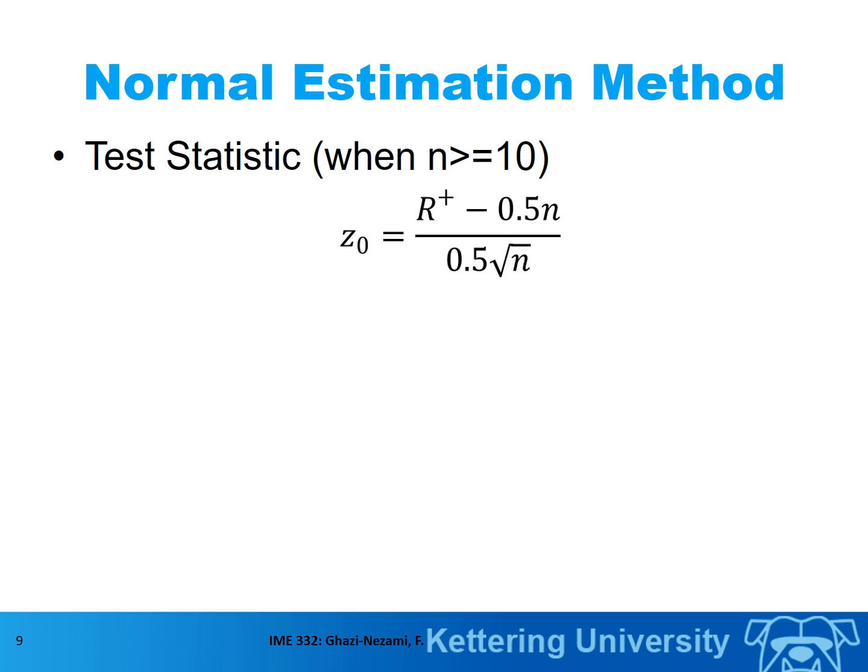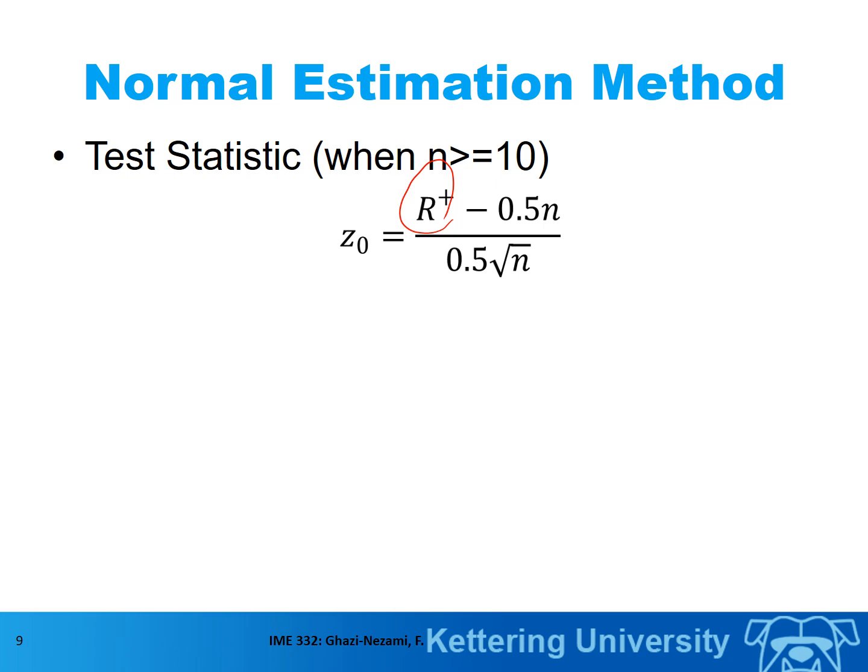Under some conditions, we might be able to use the normal approximation for the sign test. In cases where your n is at least 10, meaning your sample size is greater than or equal to 10, you should be able to use the normal approximation. In these cases, we will use R plus, which is the number of positive differences, minus 0.5 times the number of observations, divided by 0.5 square root of n.